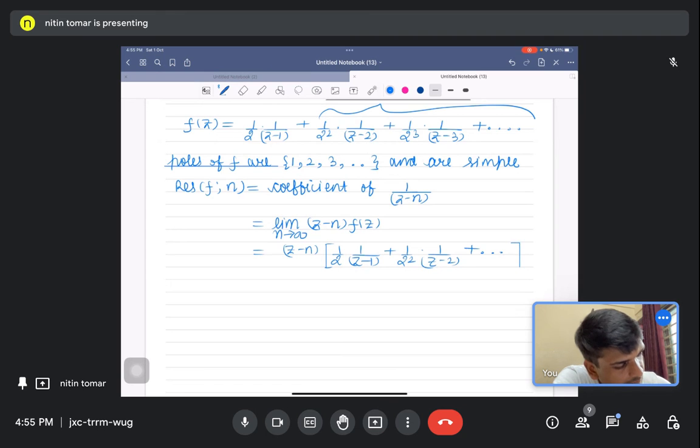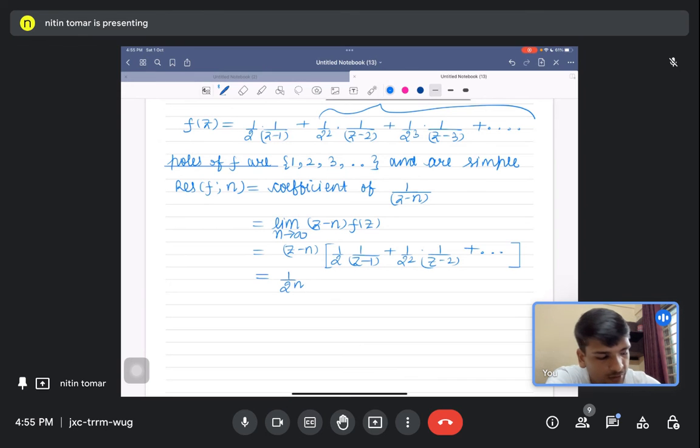So this residue will be 1 by 2n, the coefficient of 1 upon z minus n.